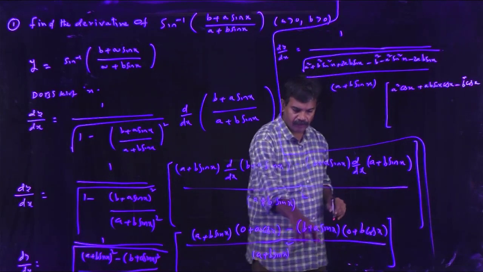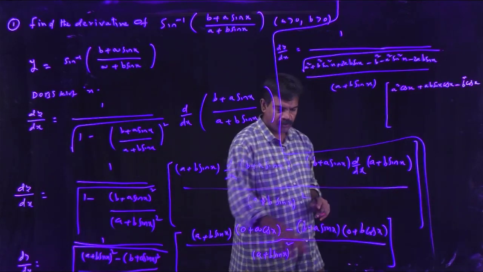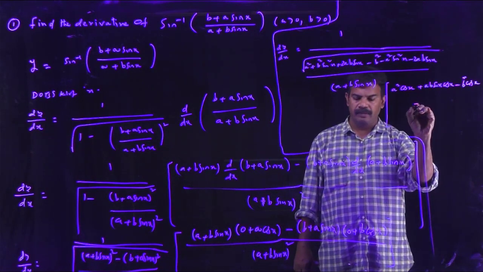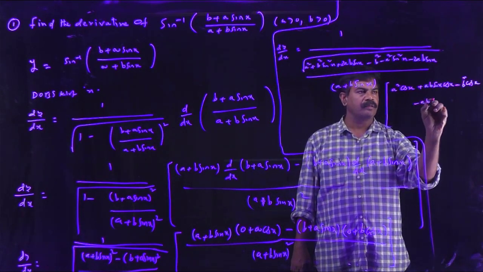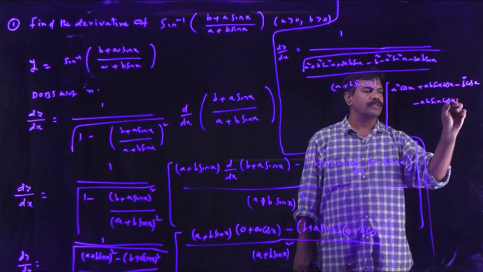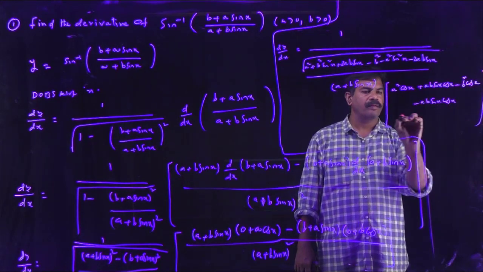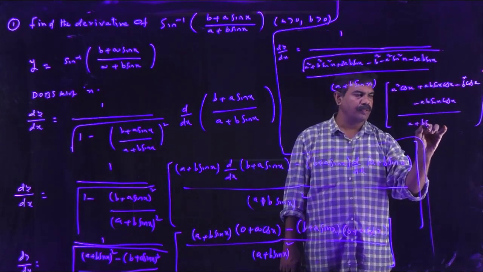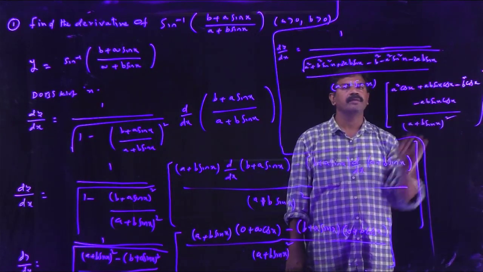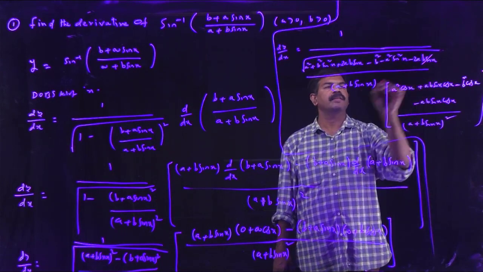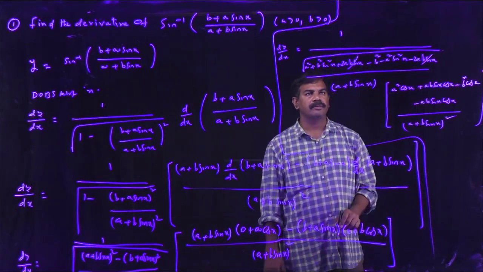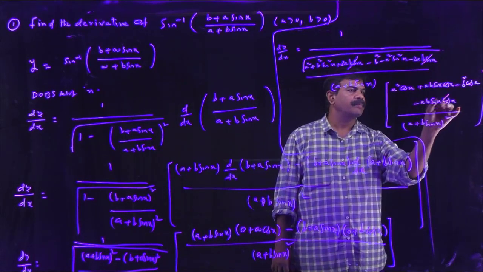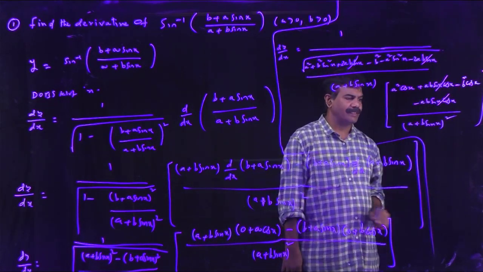Next, a into sin x into b cos x, that is ab, minus ab sin x cos x, by (a plus b sin x) whole square. Here minus 2ab sin x plus 2ab sin x cancel. Here minus ab sin x cos x plus ab sin x cos x cancel.